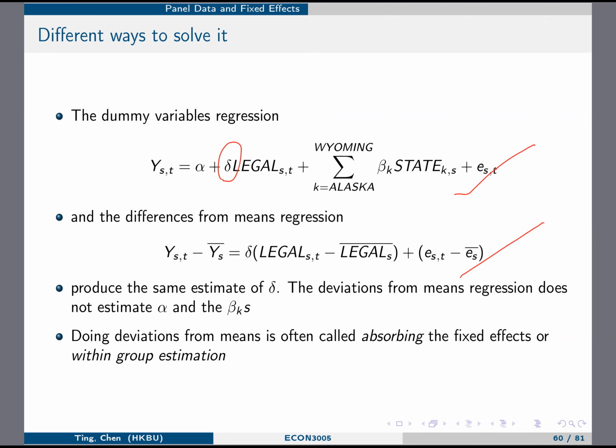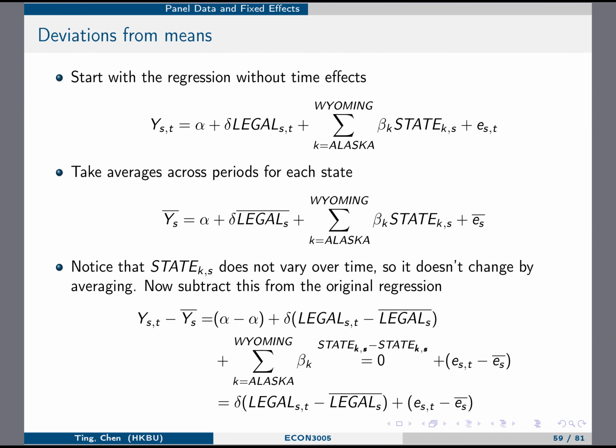So the delta will be the same, right? In this process we only have one delta. It's the same estimate. It will not change by using either the dummy regression or the demean method.